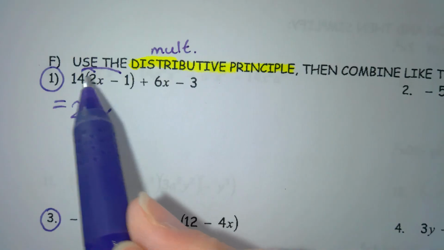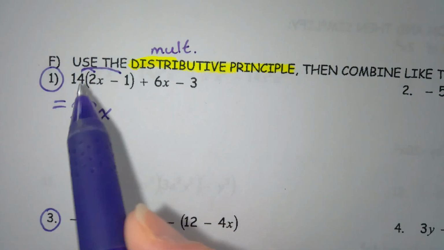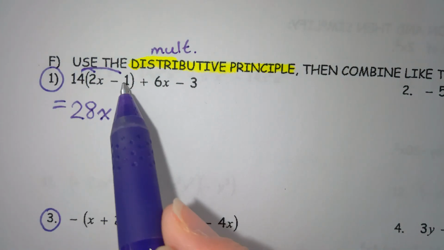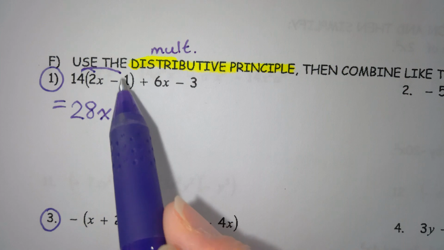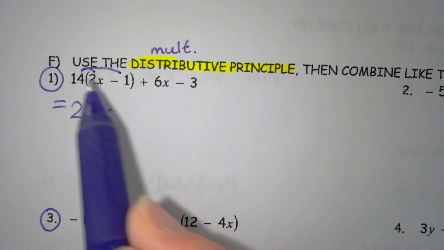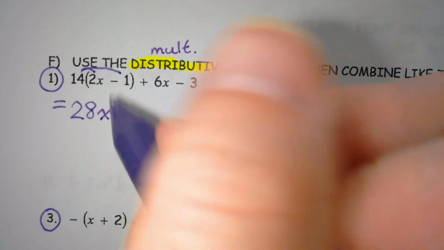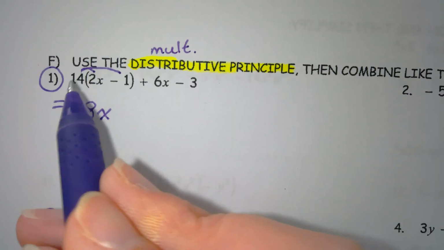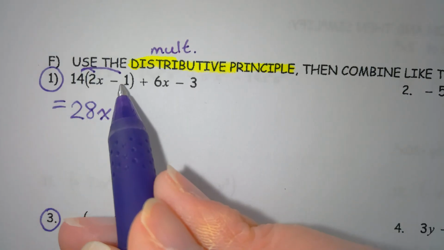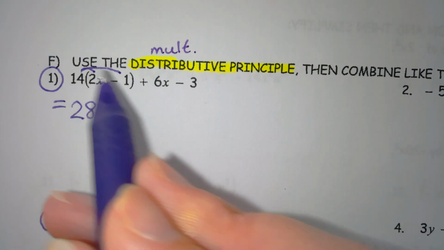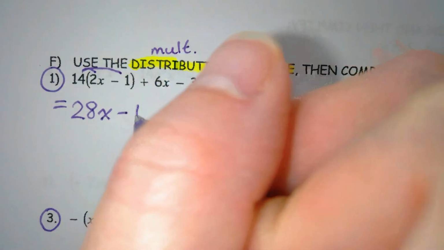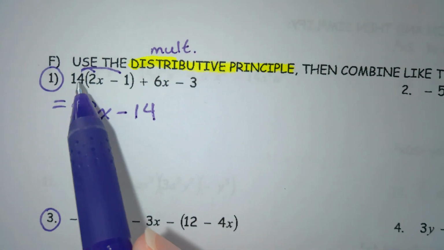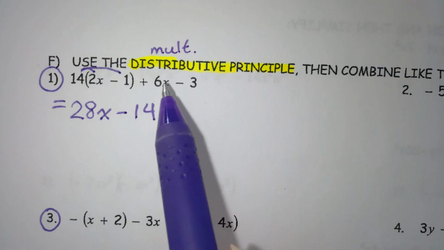All right, don't forget to everything inside the bracket. So Leandro, 14 times negative 1. Negative 14, good.